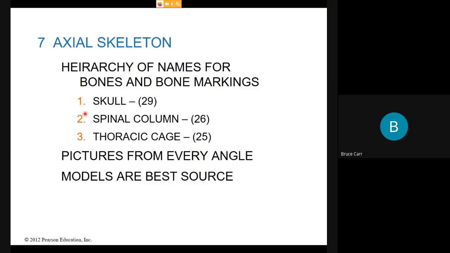The skull sits on top of the spinal column, which has 26 bones. That sounds like a lot till you realize that every one of them is a vertebra. And so as a result, there's a repetition in the naming of the bones and a variation in their size.